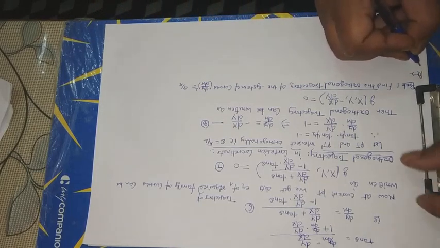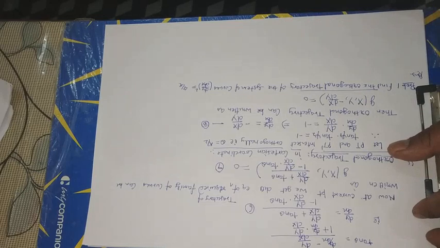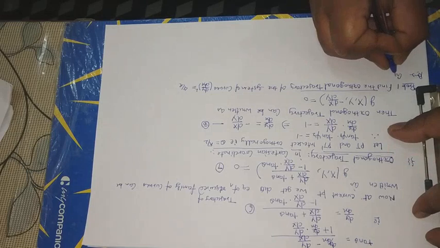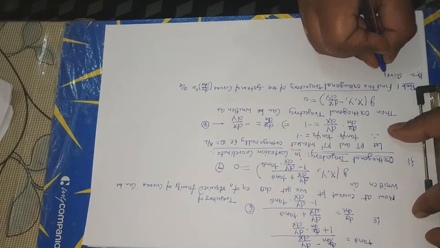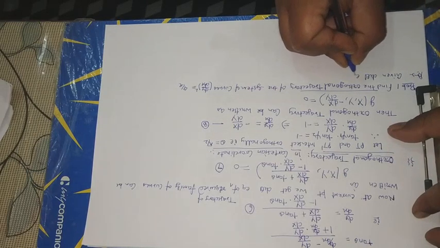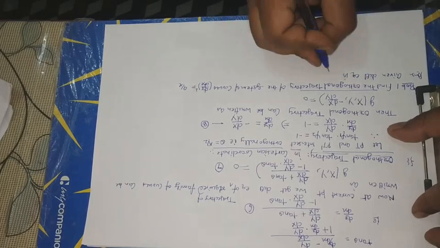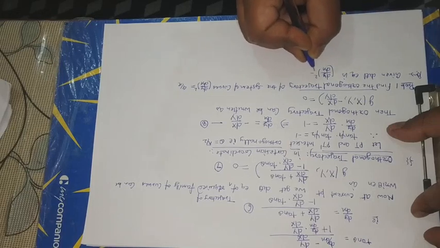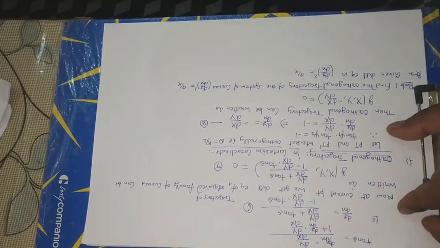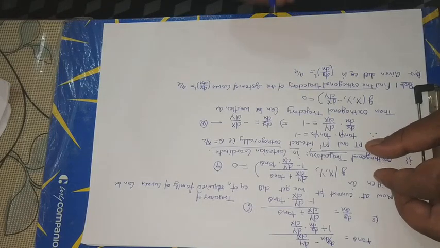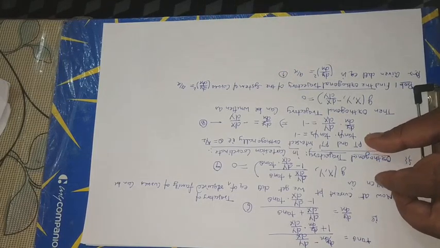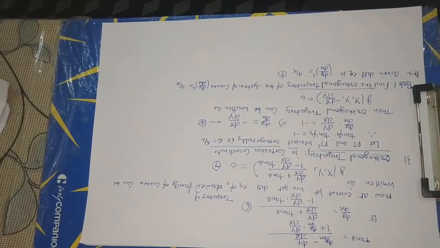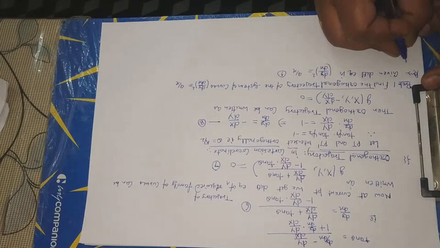Now the answer. The given differential equation of the curve is dy dx whole square is equal to a upon x. Okay, this is equation number 1. Here a is a constant.